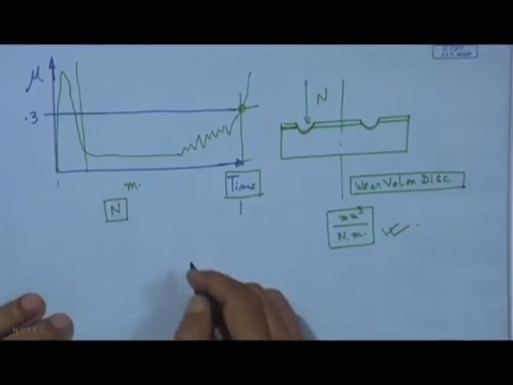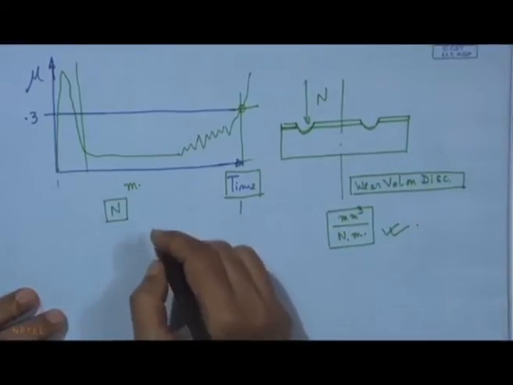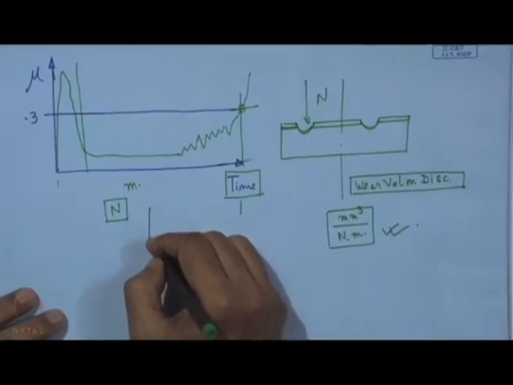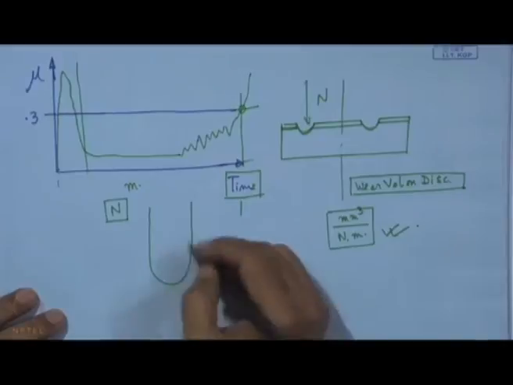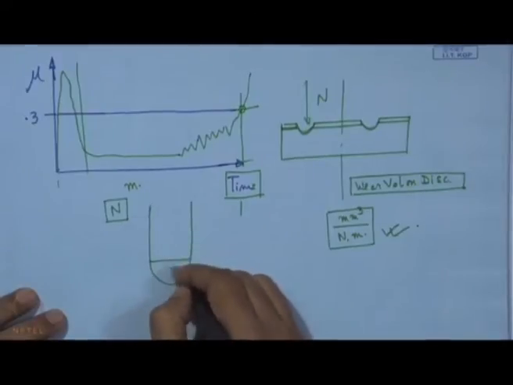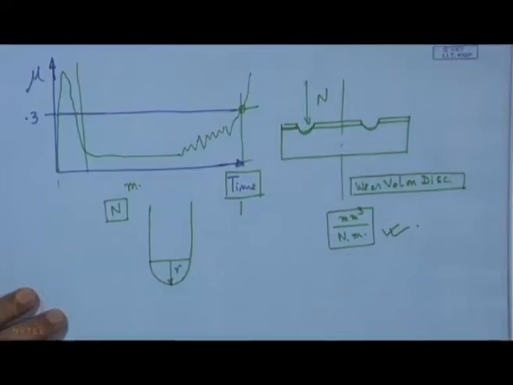Similarly, for the pin, it can be a pin or a ball. So, this is the original shape of the pin. It has a certain radius, but because of the wear we can have this.